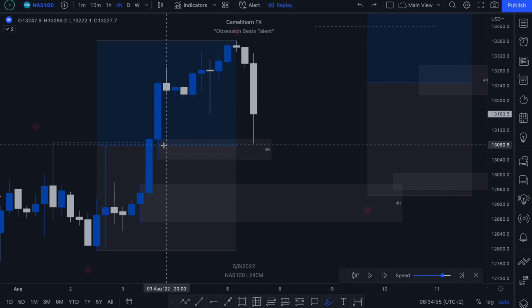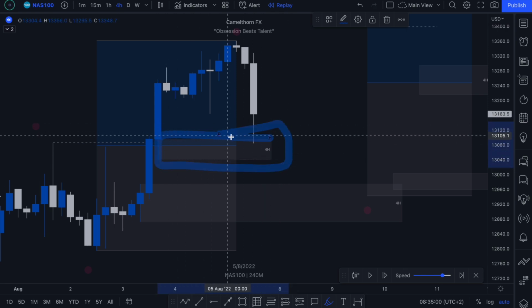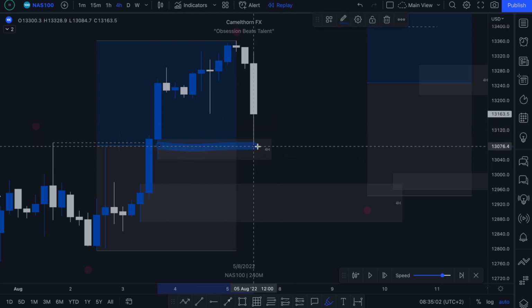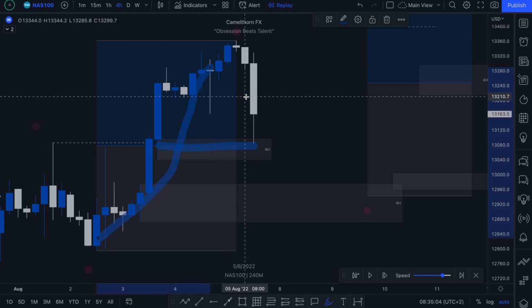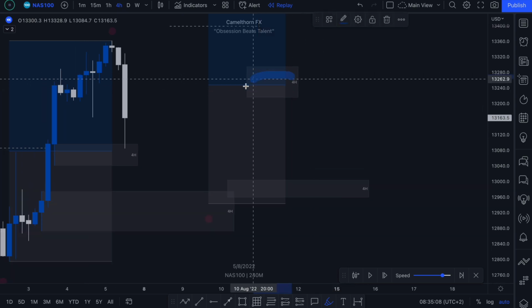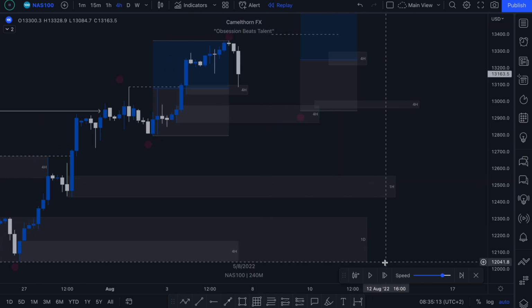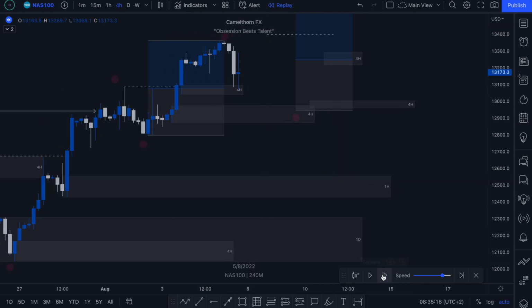Now obviously at this particular point, again, notice how this 4-hour demand zone sits at the equilibrium of this 4-hour range, which is very similar to this particular 4-hour. And what does price action end up doing? We see that price action mitigates our 4-hour.